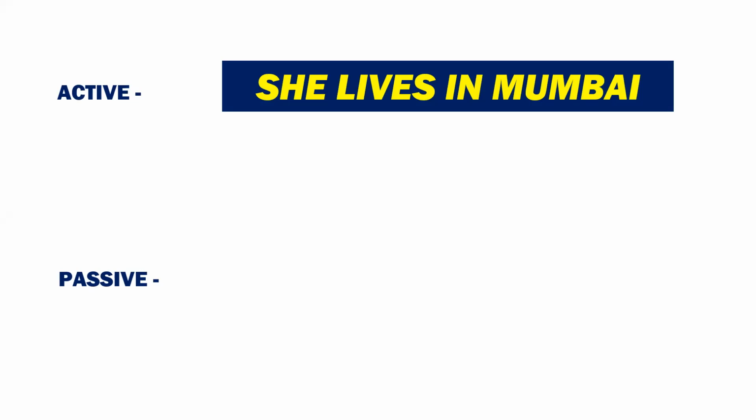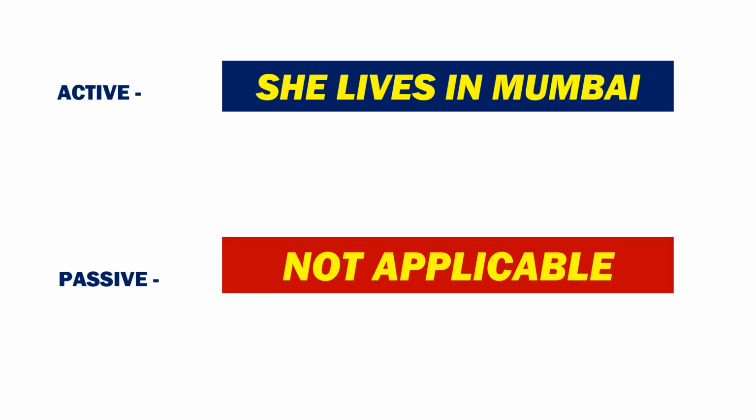There is no object, ma'am. There is no object. Why? In Mumbai. Chetan, मुंबई से पहले क्या लगा हुआ है? In. इन लग गया तो ये क्या बन गया? Prepositional phrase. Preposition phrase बनते ही यहाँ पर तो कोई object ही नहीं बचा. तो अगर object ही नहीं होगा, so how you can convert that sentence into the passive? Okay?